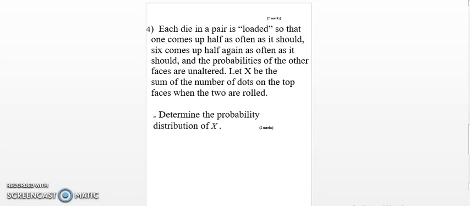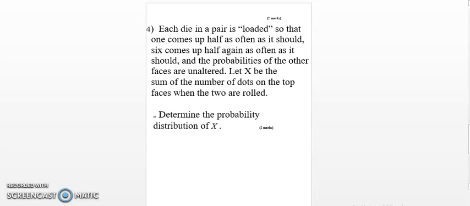We know that each die in the pair is loaded. For how we find the probability distribution table, I will refer you to our previous video, where I took time to analyze the calculation of x, because we already have the table.